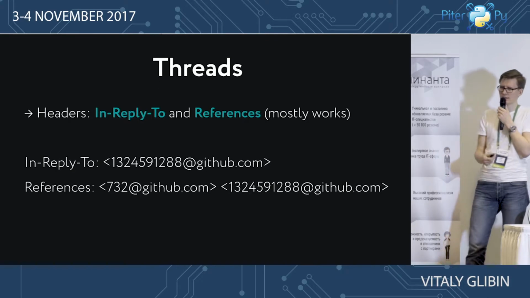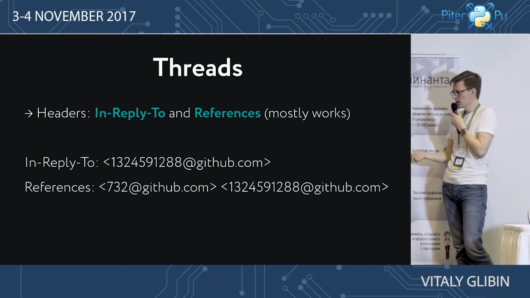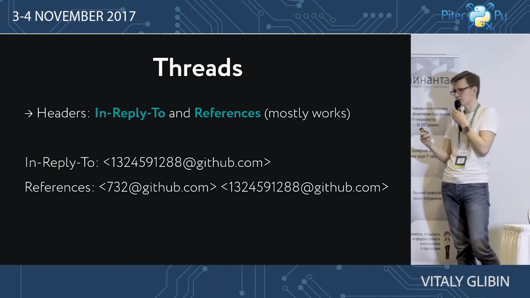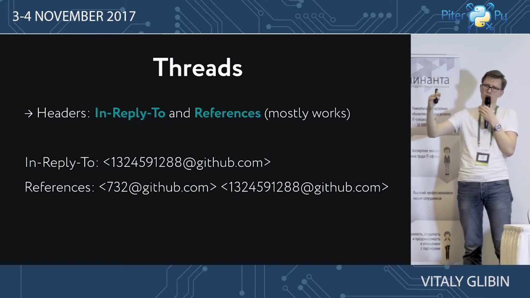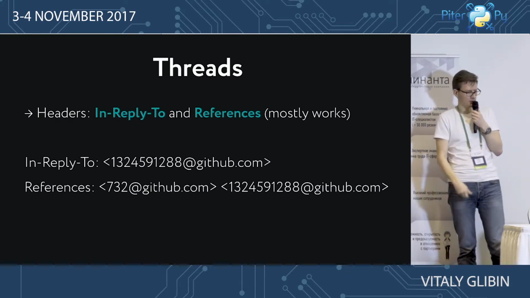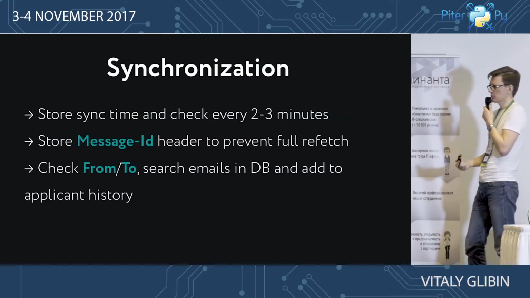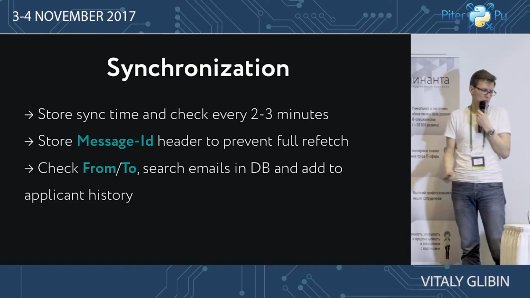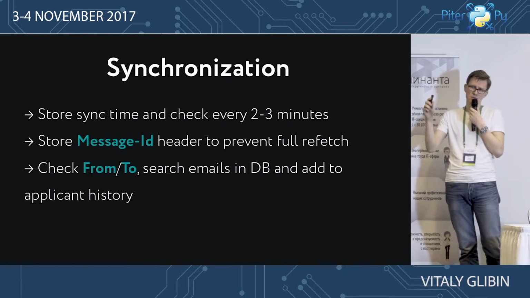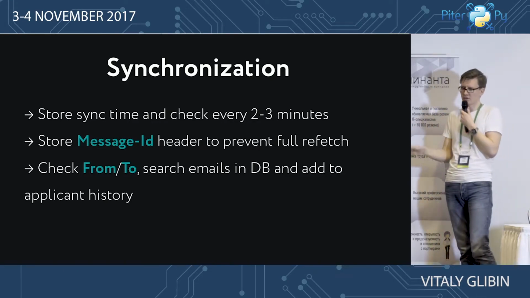In addition, email clients try to put together the same letters into a chain based on the subject of the letter. We don't do it because the service aims at automation. That's why quite often some templates are used. So if we were to put them together based on the same subject matter, we would have a mess on our hands. And now speaking about the synchronization, we actually do synchronization every 2 or 3 minutes. Then we prepare a list of messages depending on the time of the latest synchronization.